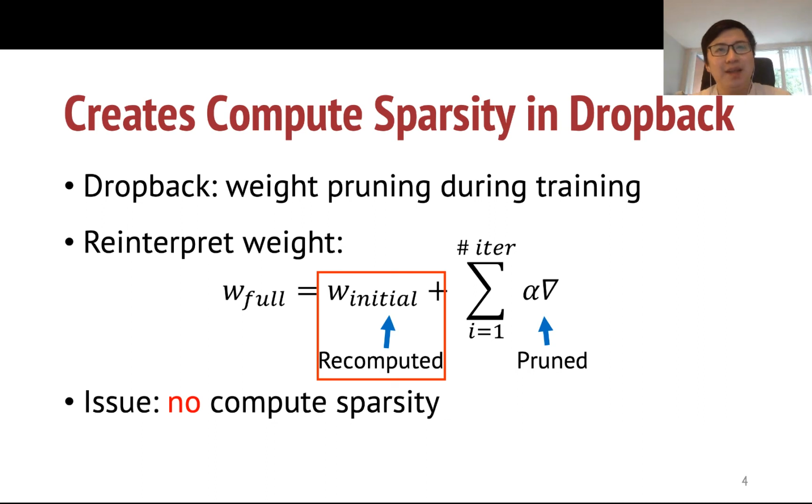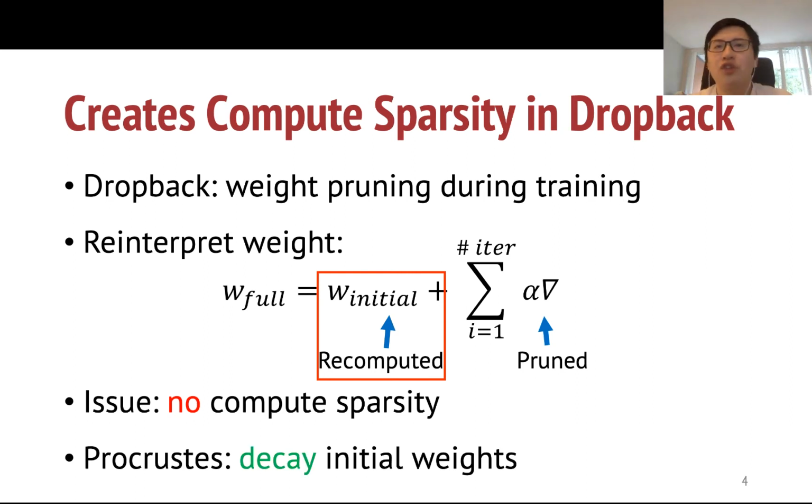However, this is inefficient as no compute sparsity exists during training because of the regeneration of the initial weights. We observe that regenerated initial weights are important during the early training phase to provide a scaffolding for the model to learn, and their importance reduces as the training continues and the accumulated gradients start to dominate.